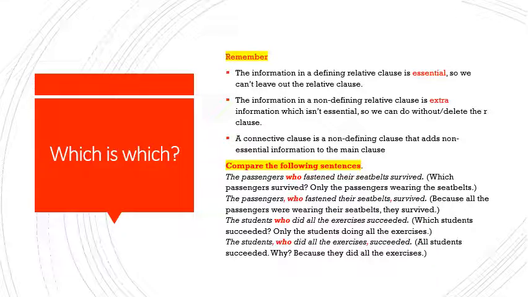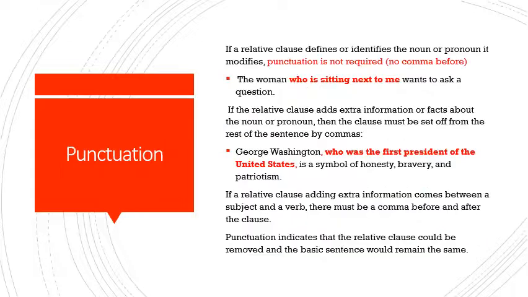And here is a brief summary of the main points related to the difference between defining, non-defining, and connective clauses. As you can see for yourself, you have here examples and explanations that should help you better understand the differences between these two types of clauses.